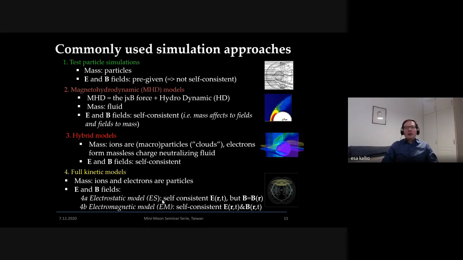So if you are interested in that, you might want to use a so-called electrostatic model. Here you have a time-dependent electric field, but the magnetic field doesn't have time dependence. It only depends on space. But if you want to investigate really light waves also, then the most comprehensive is the electromagnetic model. So both the electric field and the magnetic field depend on both space and time.